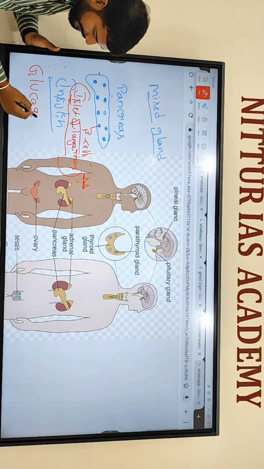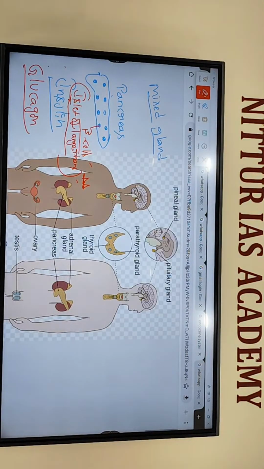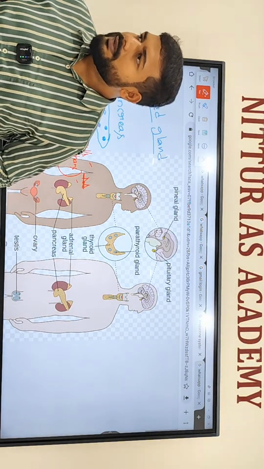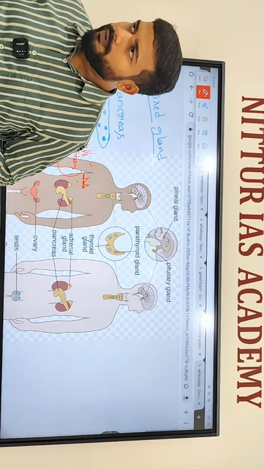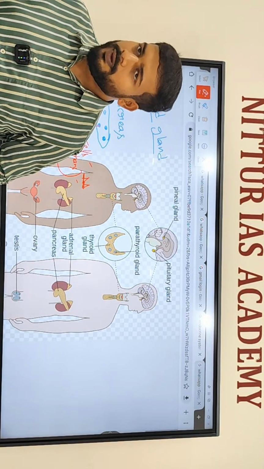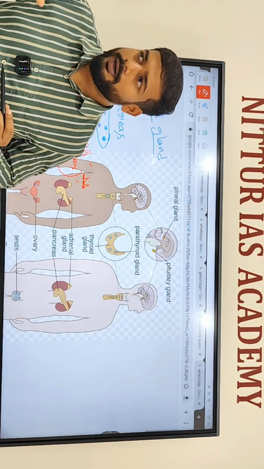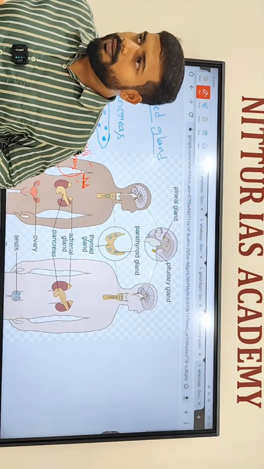Then glucagon is also secreted here. The process is called glycogenesis. Simply listen. What happens? If the amount of glucose is more in blood, insulin converts that glucose into glycogen form. Temporary storage. Where is it stored? Liver, muscle.